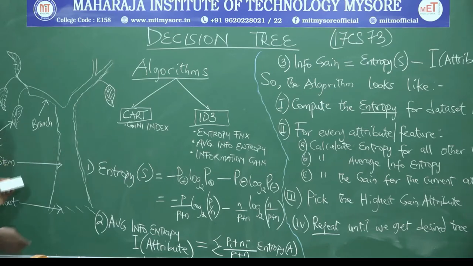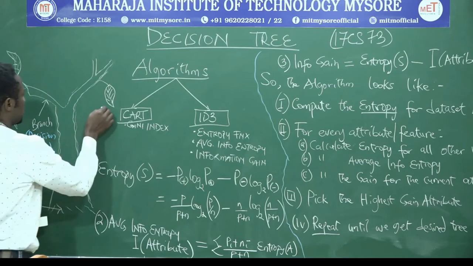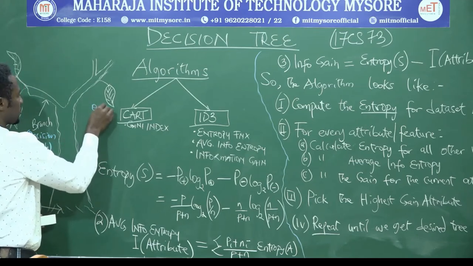Leaves, right? So the node, you call it your root node. So usually we say here, this is the root node. Okay? So this represents your what? Your decision rule. And this represents your what? Say, outcome.